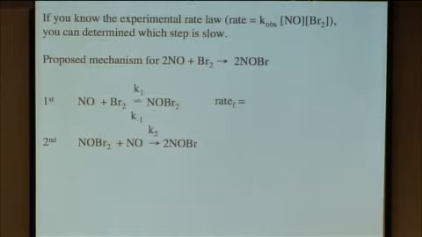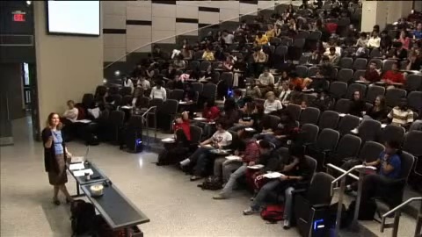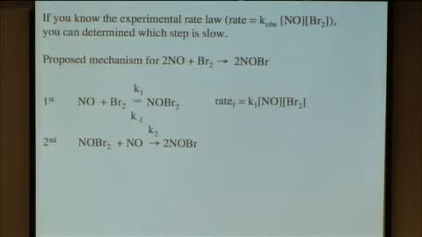So let's consider what the rate of the forward reaction is here. And so that would be, you can yell it out, K1 times, yes, excellent. And for the reverse reaction then, we're going to have our K minus 1 times our intermediate concentration.